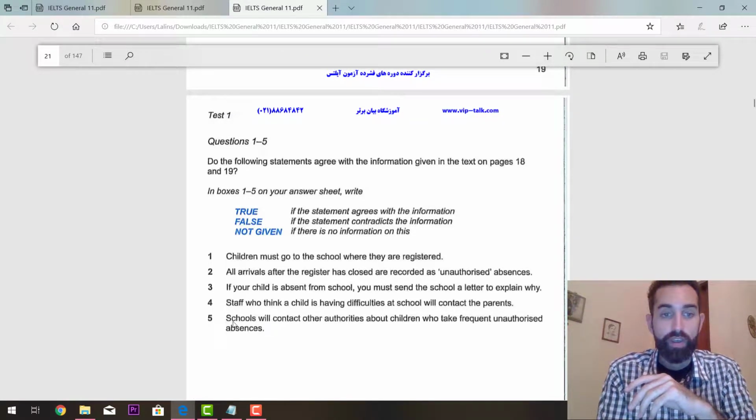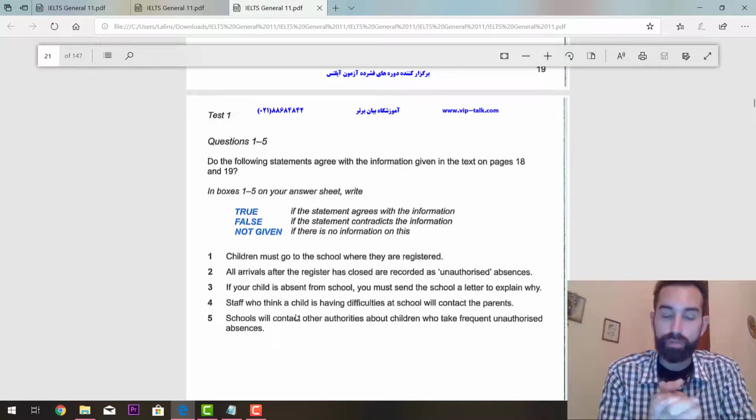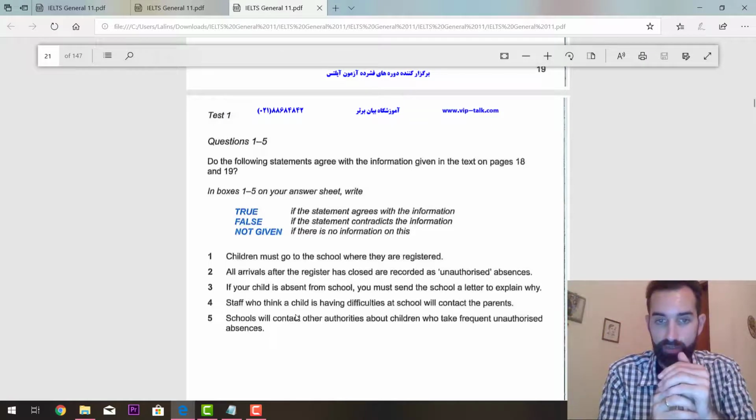And 5, schools will contact other authorities about children who take frequent unauthorized absences. So we'll now go up to the text above and we'll be looking for all these pieces of information, to see if they are true, false, or if they're not given at all.